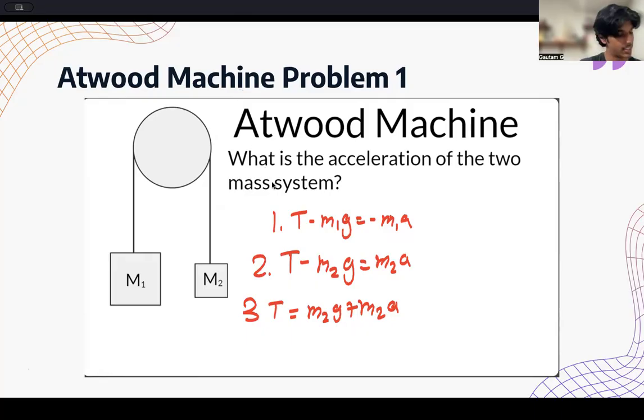Does step three make sense? Does step three make sense? What I did, I just added m2g on both sides of equation two, right? Can I get a yes or no or maybe or kinda no? Thanks, Gavin.